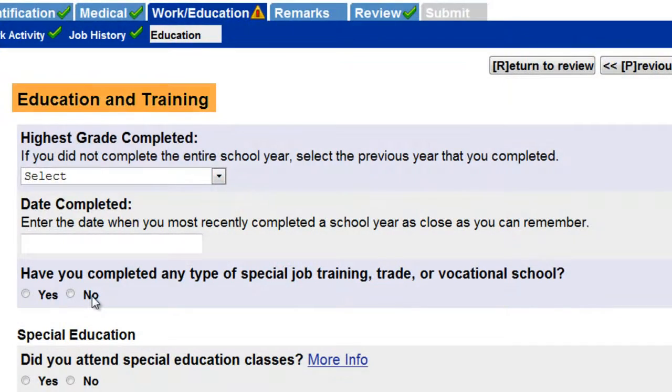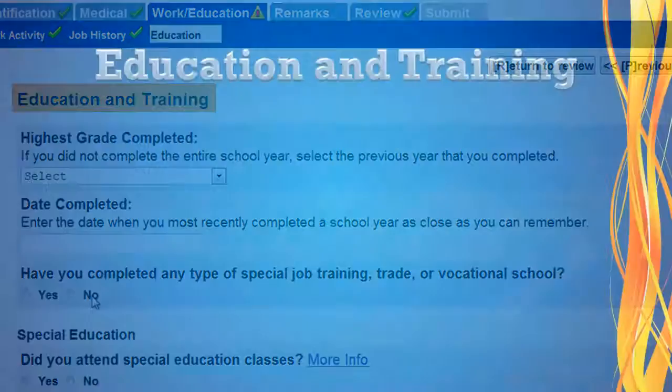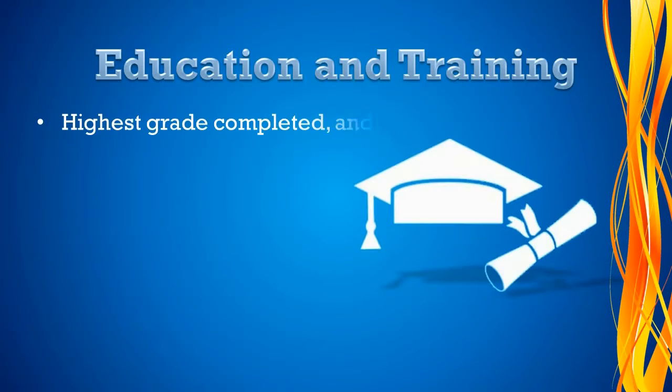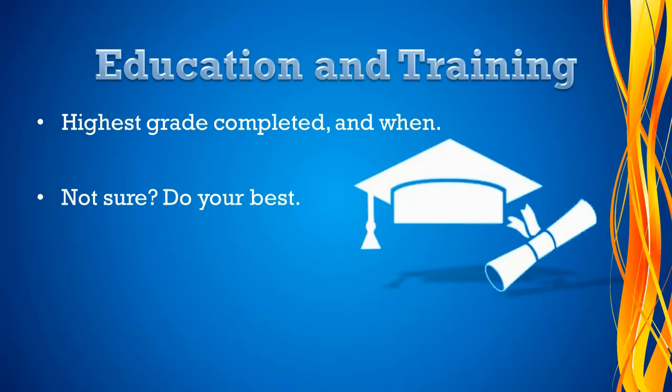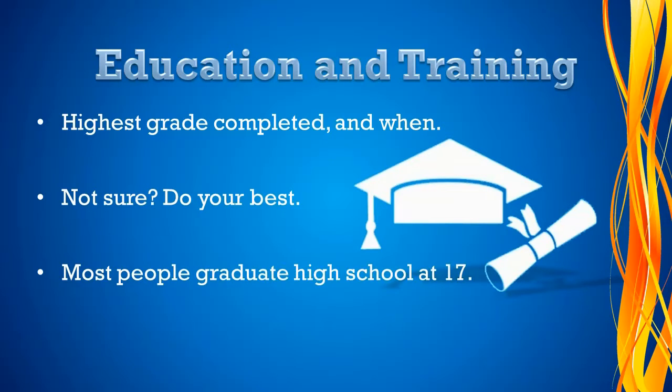The next section is about your education and training. You'll be asked to enter the highest grade of school completed and the year completed. You must enter the year completed in order to continue. Again, if you're not sure of the date, enter a date to the best of your knowledge. If you can't remember the date of your high school graduation, the average age of a high school graduate is 17 years old.